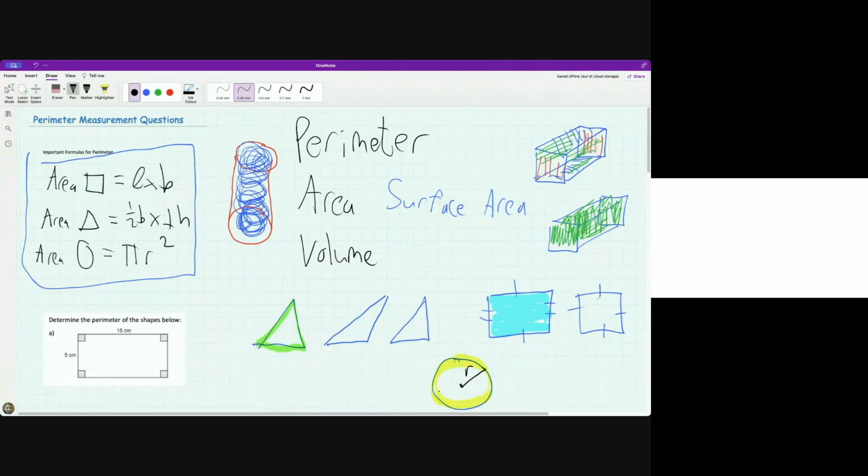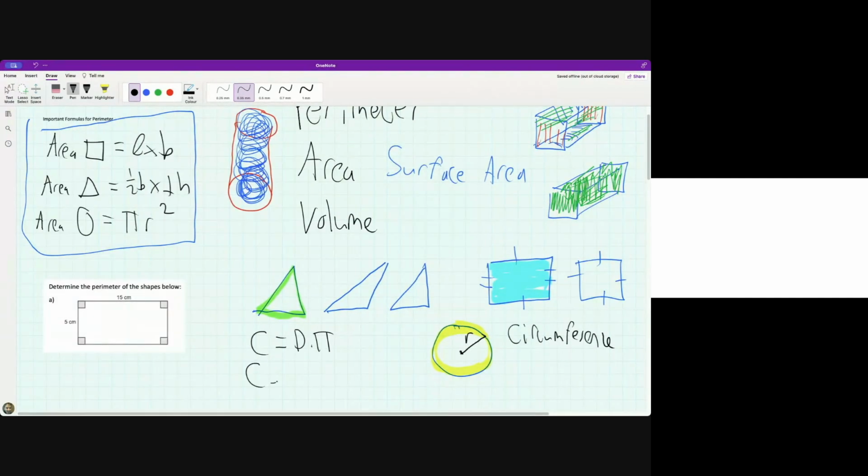Okay, so the special word for the perimeter of a circle is the circumference, yes. And there's a special formula that we use: diameter times pi gives you the circumference, or we say the circumference is 2 pi r. This is an important formula for the perimeter of a circle.